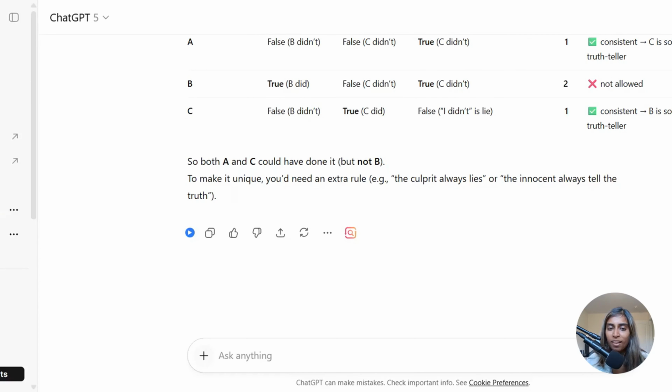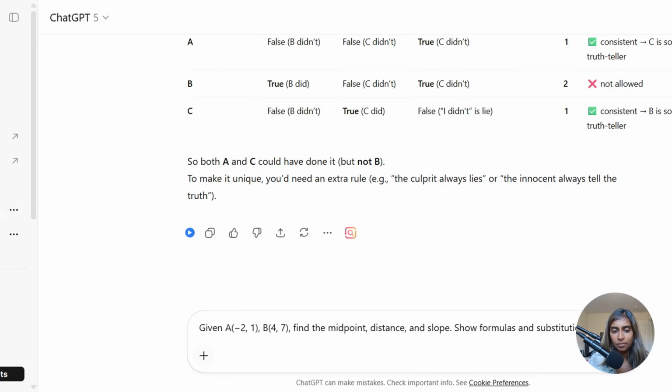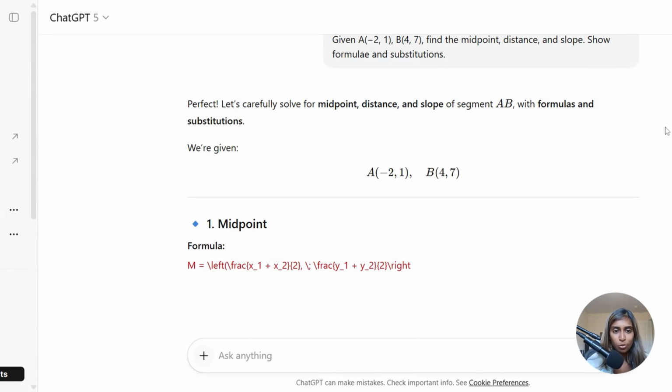It's geometry time. So let's give it one question. What should we ask it? Let's ask, given this, find the midpoint, distance, and slope. Show formulas. Formulas or formulae? I feel like it's formulae or both. And substitutions. Perfect. That one was really, really quick too.